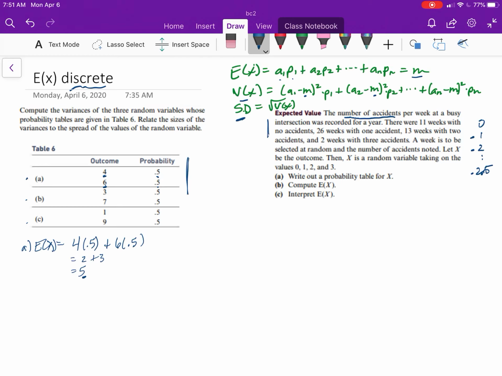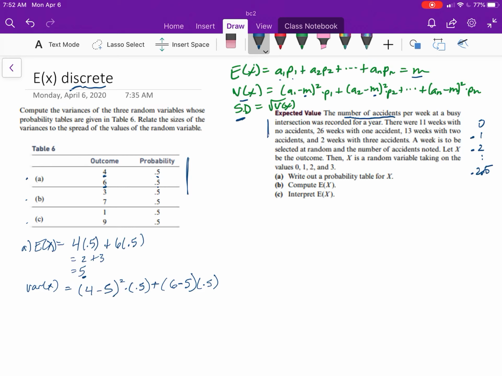Okay, so the variance now says to take each outcome, so take 4, subtract the expected value, square it, and then multiply by the probability. Take the next outcome, subtract the expected value, square it, multiplied by the probability.